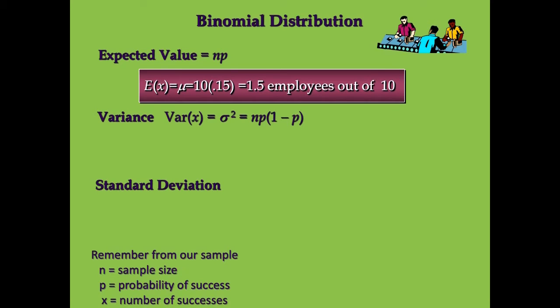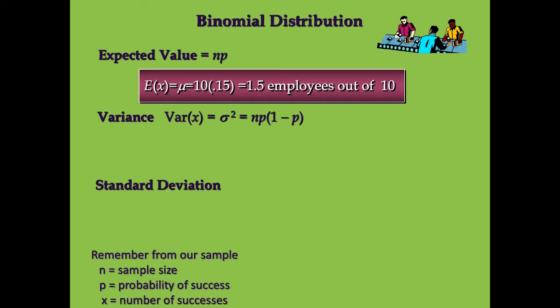In the case of the example that we looked at, we looked at 10 individuals that worked at this computer company, where the probability that they would be gone from the company within the year, that's shown as P, and that was 15% or 0.15. And in the example that we worked on, the number of successes that we were looking for out of the sample of 10 was 4. So N is 10, P is 0.15 or 15%, and X is 4.